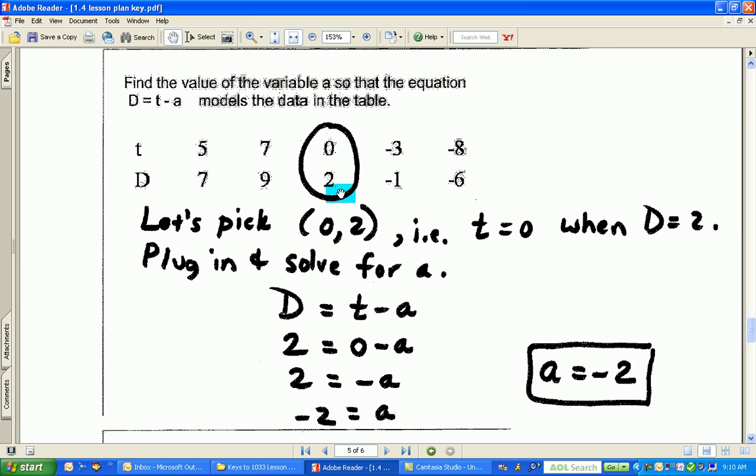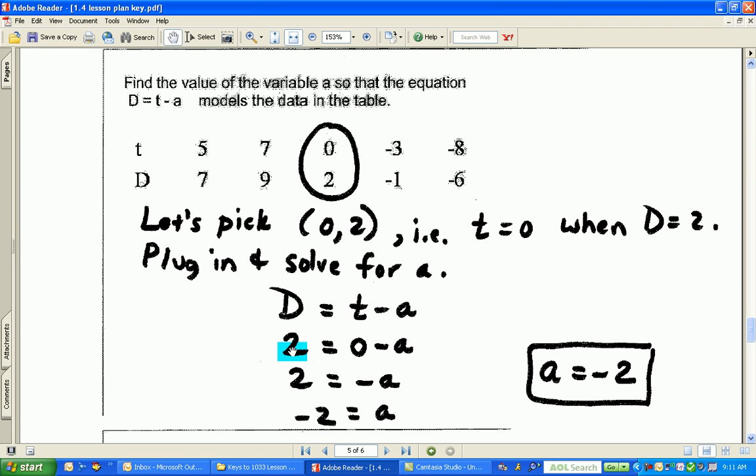Well, if I choose the ordered pair 0, 2 to help me answer this question, that means I go to the formula d equals t minus a, and I plug a 0 in for t because that's the input, and I plug a 2 in for d because that's the output.